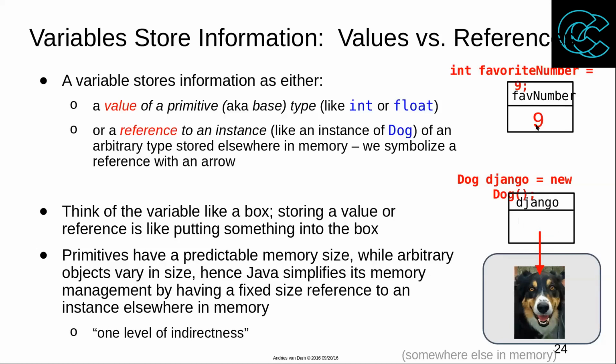The way it's done is, there is a memory location 1001, and the reference to that gets stored here. That's why it's called a pointer, or a reference to the actual place where the values of the object are stored. So that's the difference between storing the values versus storing the references.